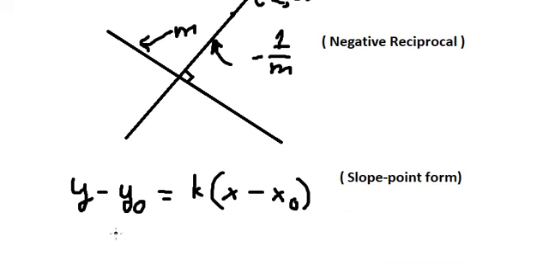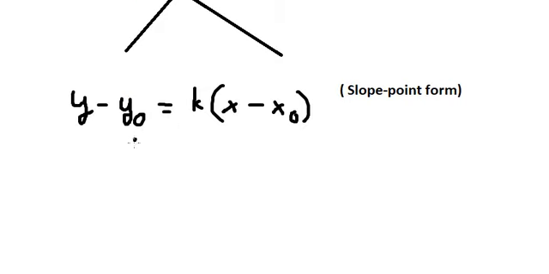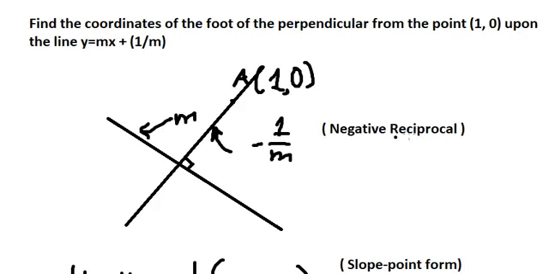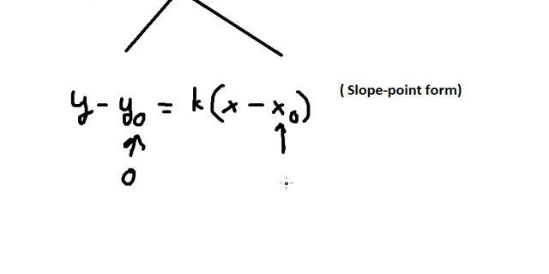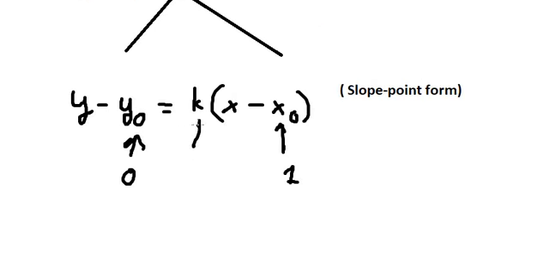So we put y0 as number 0, and this one as number 1, and k as negative 1 over m. Now we simplify and we have it like this.